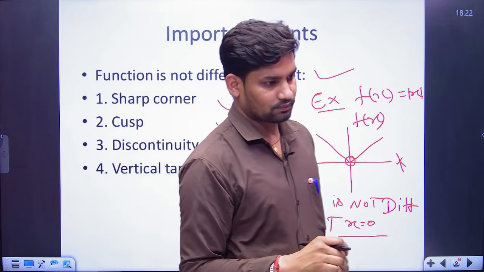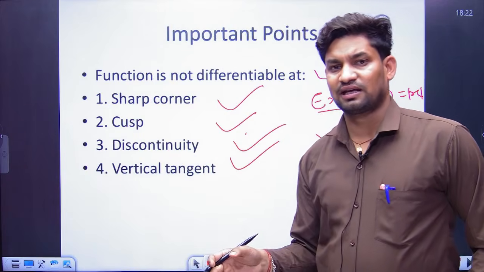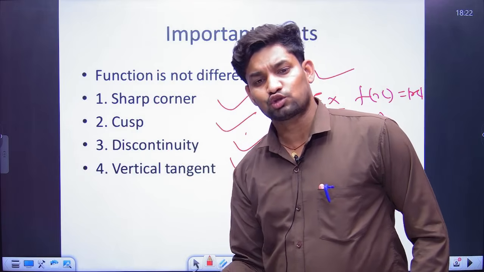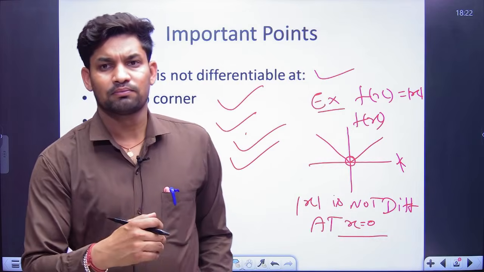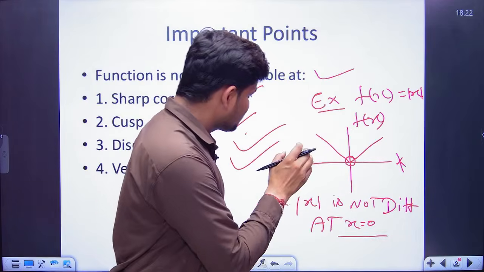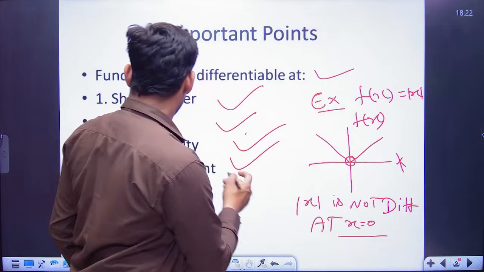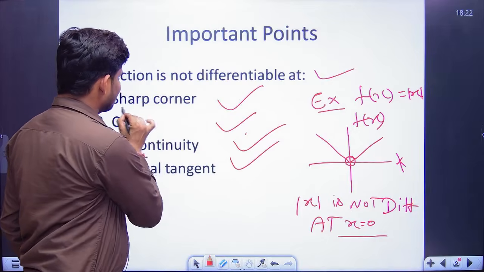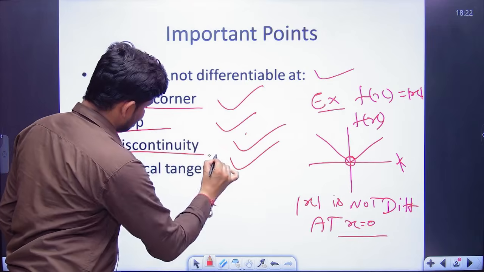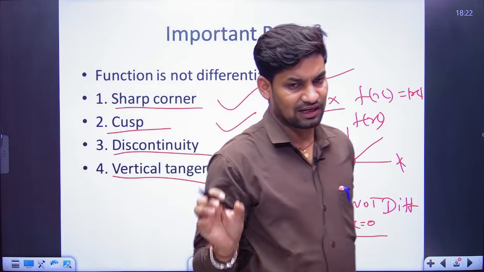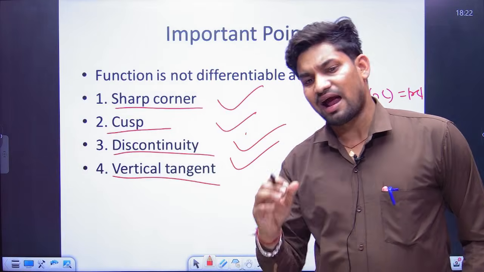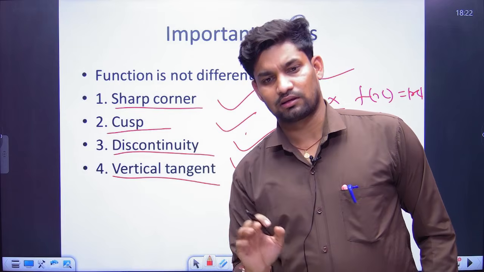Secondly, we check differentiability geometrically. We draw the graph and check that it does not have a sharp corner, cusp, discontinuity, or vertical tangent. Otherwise, the function is not differentiable at that point.